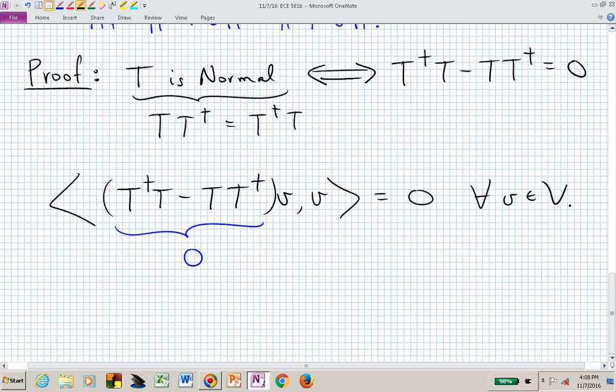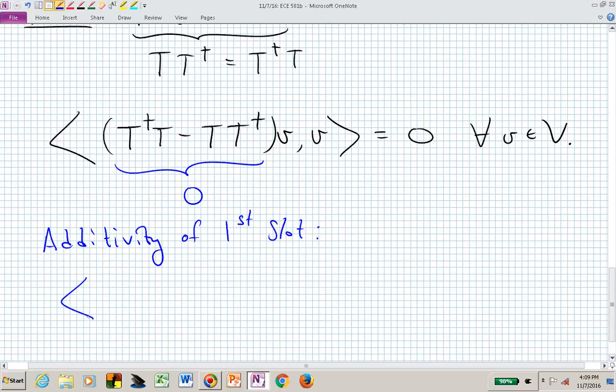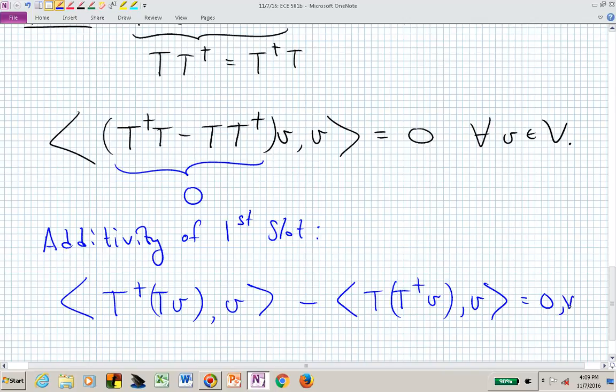Now we can start playing with these properties of inner product. For example, if we now apply additivity of the first slot, that now allows us to distribute those two terms and separate this one inner product into two inner products, where we now have T dagger T times V, and we can actually associate or group those however we want with V. That's the first part of that additivity of the first slot, minus the inner product of T, now T dagger V, with V, and that's now equal to 0 for all V in our underlying vector space.